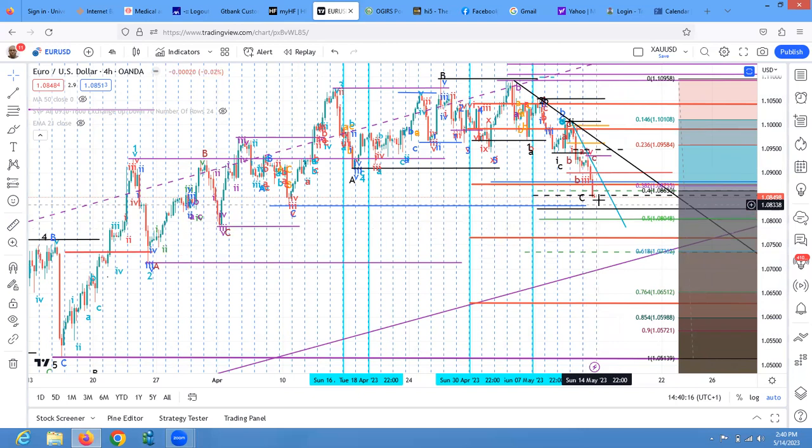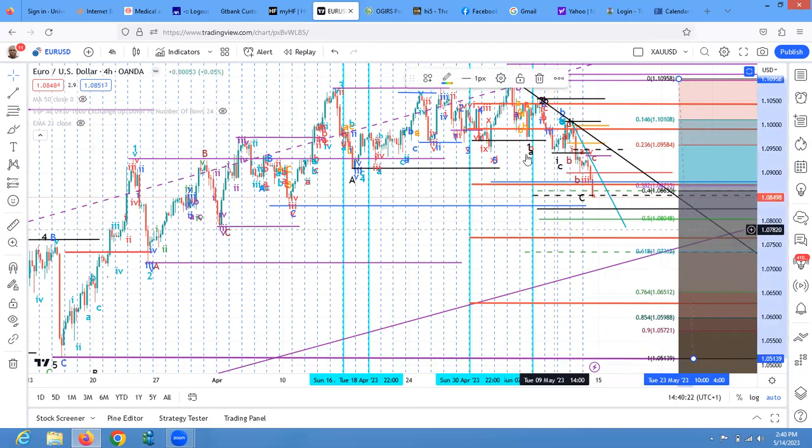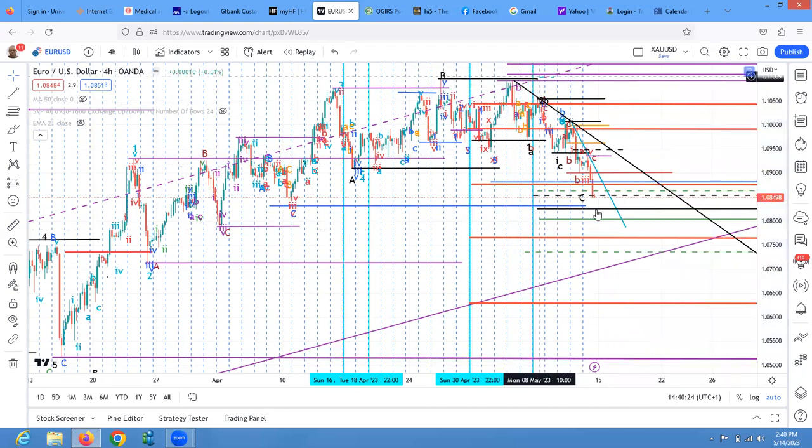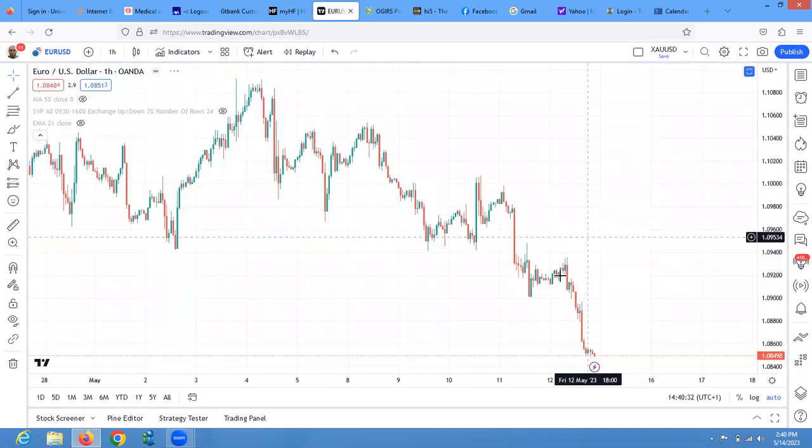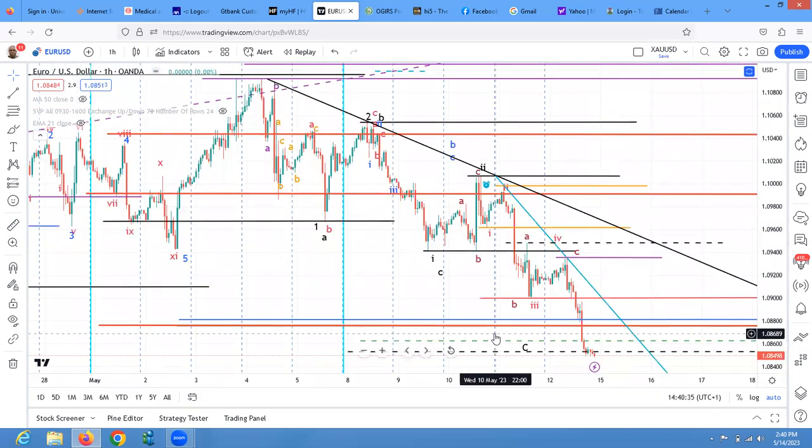But we need to see the fault of this wave coming first. So we know that this is a 50 and a 61.8 for now. And based on what we know, price should react to the upside soon. We want to catch that when it happens.